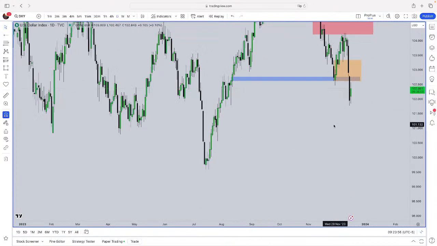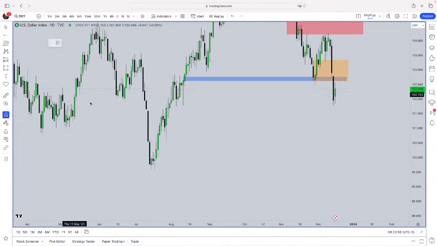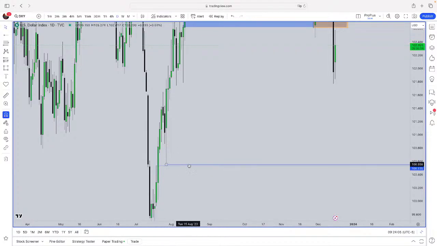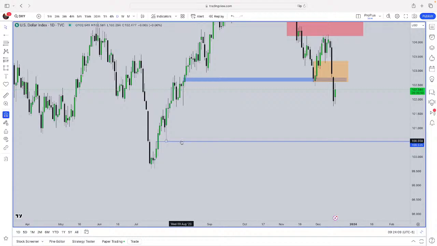There's a little bit of inefficiency here that hasn't been tapped into. So here and there, this is inefficient, and there's sell side. Just keep an eye on that. Price potentially wants to be drawn to that.